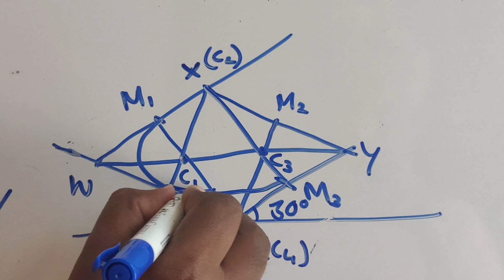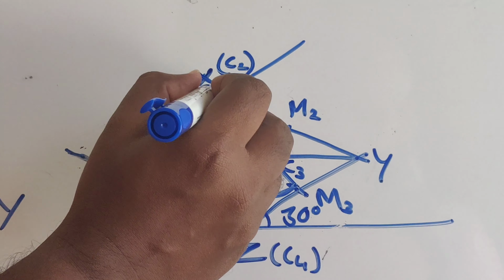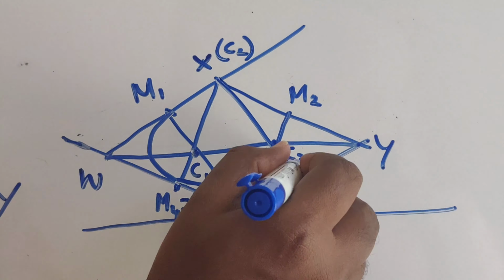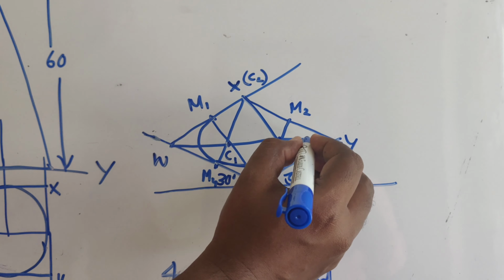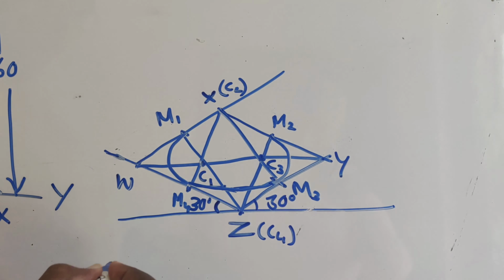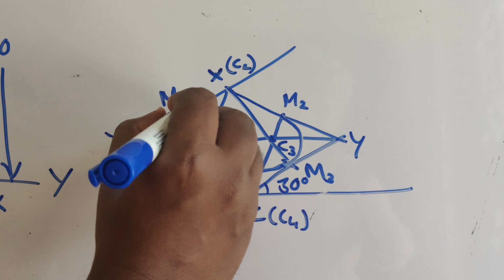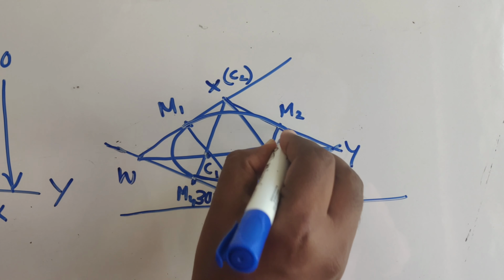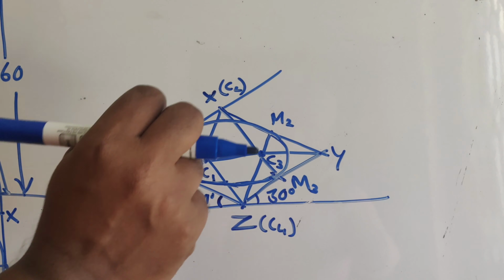Taking C3 as center, you can have the next one. Taking C4 as center, C4 M1 as radius, you can draw the next arc. So you are getting an ellipse with four centers.